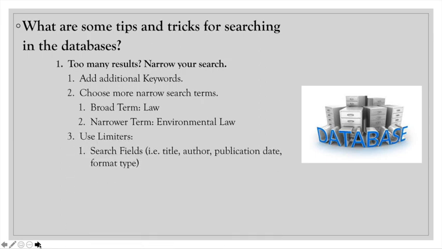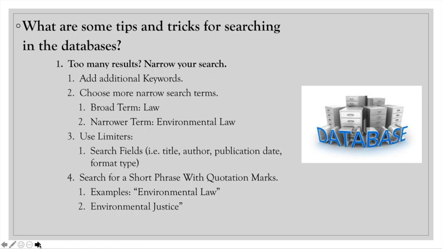You can use limiters, such as if you're looking for a specific title, you might know of an author that you're specifically looking for, or a publication date, or even a format type. For example, you may only want magazine articles, or you may only want newspaper articles. So you can start using limiters to help narrow that focus.